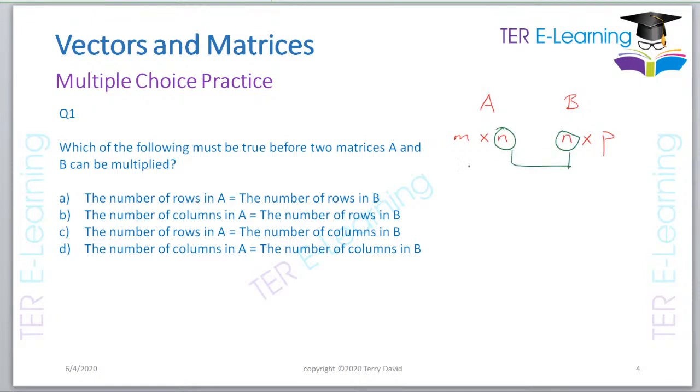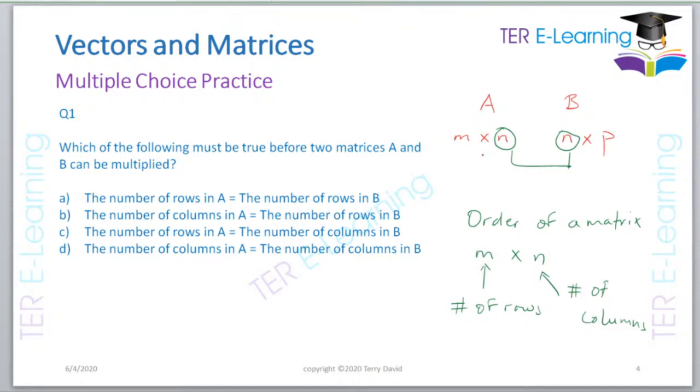Now remember, the order of a matrix is written as M by N, where M represents the number of rows in the matrix and N represents the number of columns. You need to remember that, so you know what is meant by the order of a matrix.